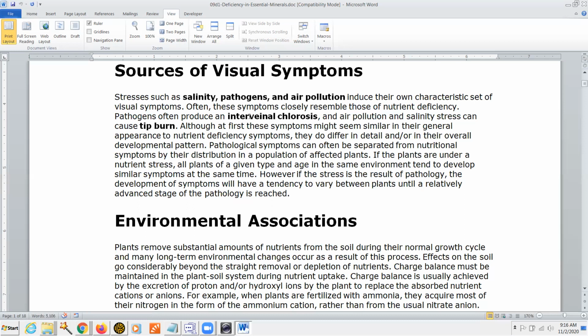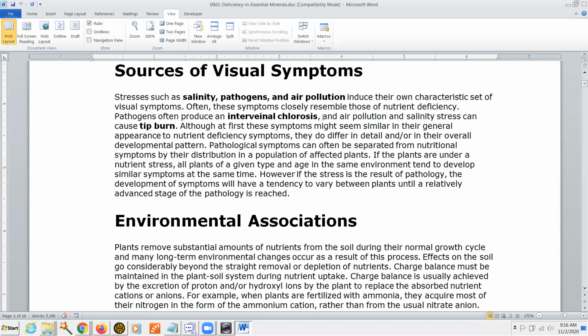Now, we talked about chlorosis, the yellowing of the leaves due to lack of chlorophyll. Why is there a lack of chlorophyll? Depends. There can be a number of things that cause chlorosis. Interveinal chlorosis means that the veins themselves stay green while the interveinal tissue, or the tissue in between the veins, starts to yellow.